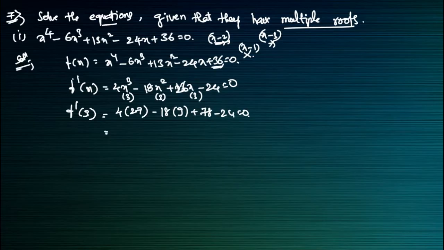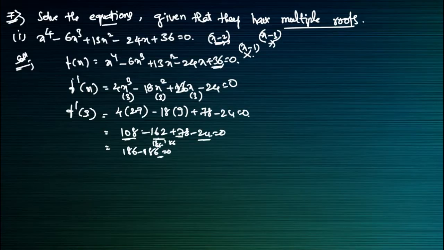So 4 into 27 is 108 will come, and 18 into 9 is 162, minus 162 will come, plus 78 minus 24 is equal to 0. These two terms, 108 plus 78 is 186, this is also 186, 186 minus 186 is equal to 0 will come here.